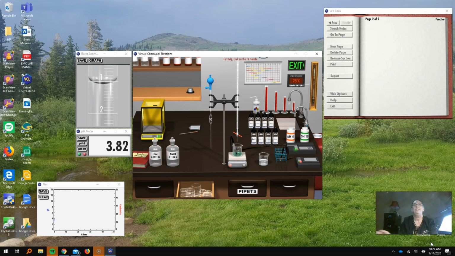There's your green, so make sure you wrote down the volume there. I'm going to let it go a little faster now so we can see the whole graph. Maybe go faster.